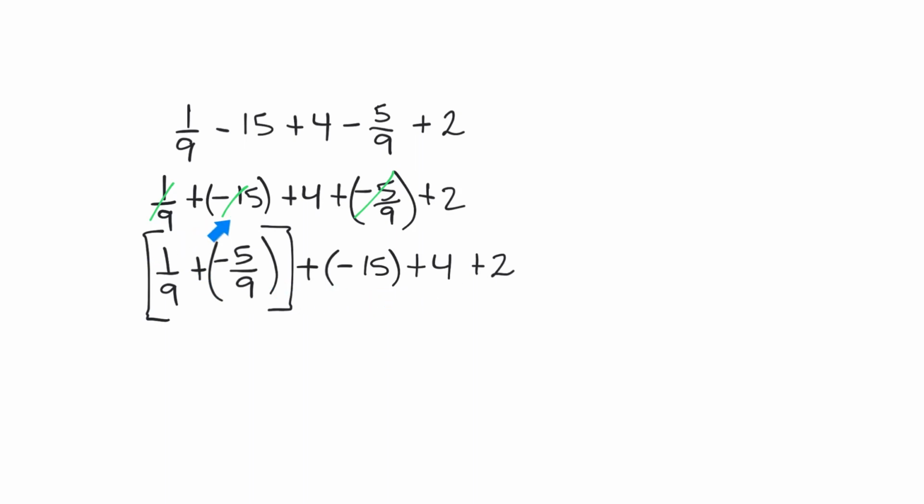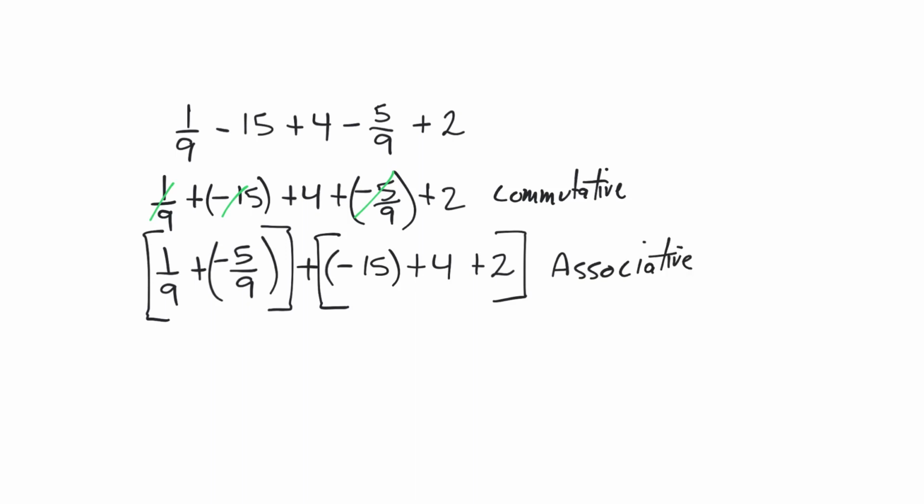And I'm going to say I want to put these two things together here, and then I'll add this thing here like this, and that is the commutative property being used here, along with the associative property. And that's it.